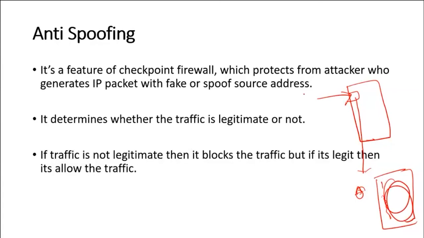Only traffic coming to this interface from these subnets will be allowed. If not, it will block it, saying the traffic is coming from some intruder. It is a spoofed IP address, so it will block the traffic. If we allow it here, it considers it legitimate, and then it will allow it. If not, it will drop the traffic.